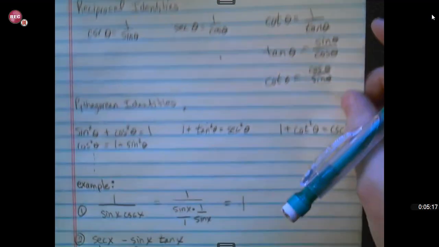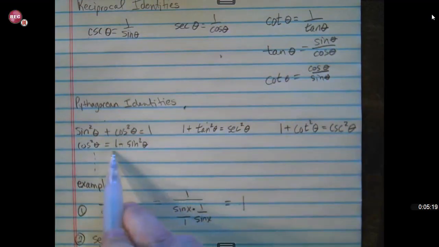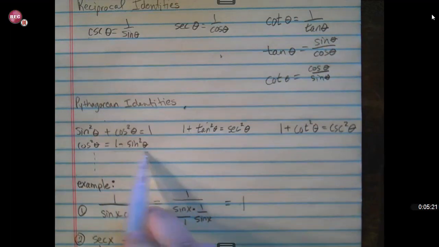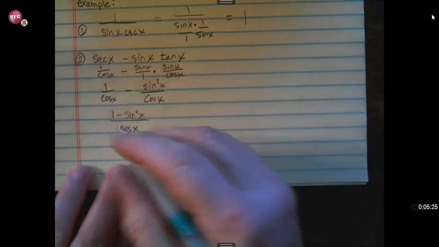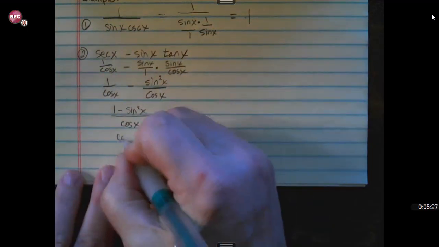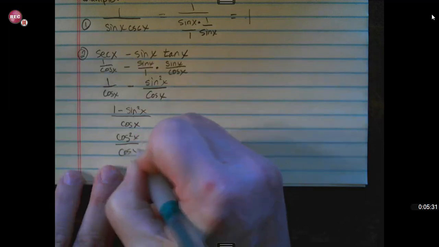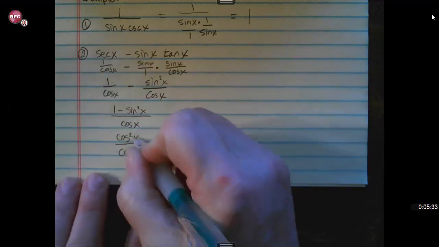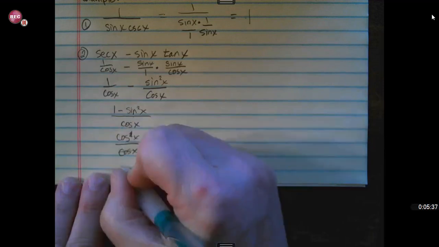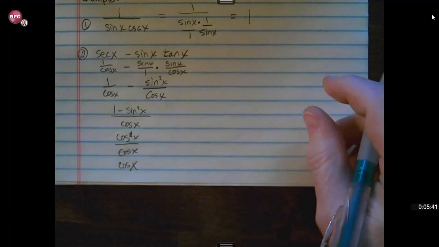And 1 minus sine squared x, looky here, is cosine squared x. This is the same as cosine squared x over cosine x, which is 2 of those. This one would go away, this would go down to 1, and our answer is, that's simplified to cosine x.